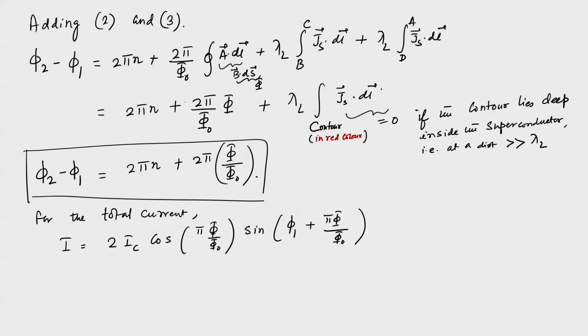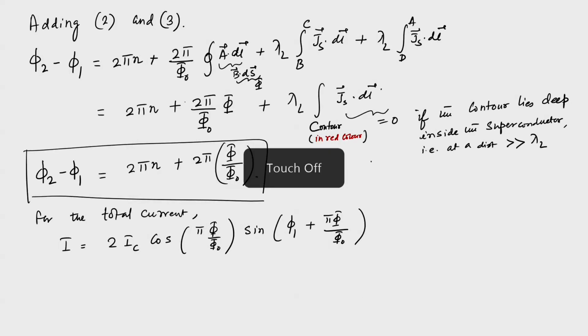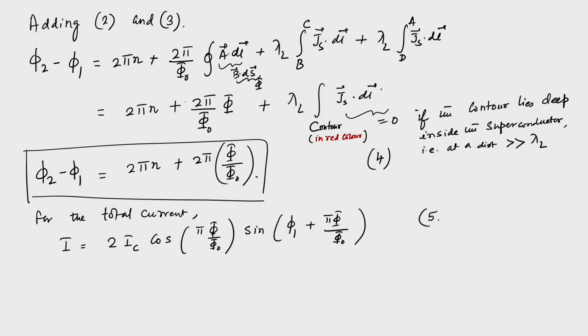See that I as a function of phi 1 has an amplitude which modulates, and there is a sine part that goes with it. Let us call this equation 3, so we can call this 4 and maybe this 5.